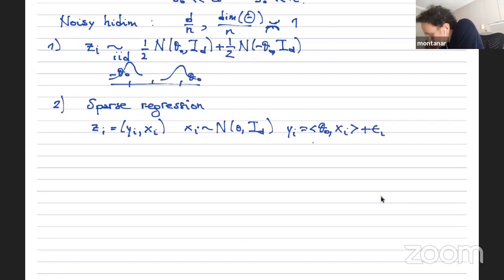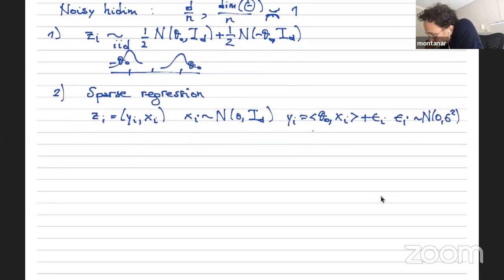Let me call the noise epsilon i, normal 0 sigma squared. It is sparse regression because perhaps I can assume that theta 0 is sparse, that is, a certain fraction of its entries are non-zero.